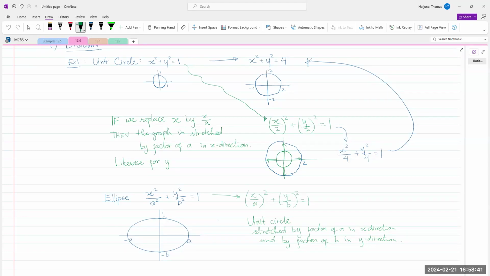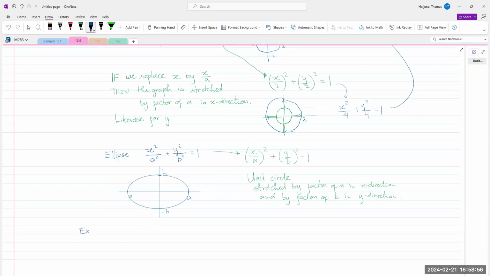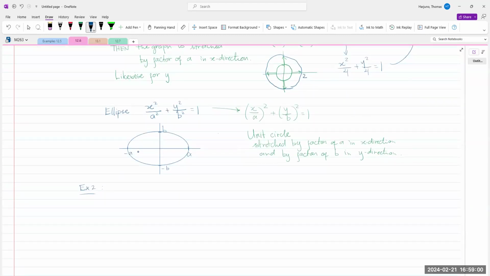Now please don't underestimate this idea, the one I marked in green, because it is very, very useful even in cases that we underestimated before. For example, we know a plane that has x-intercept, y-intercept, z-intercept 1, 1, 1 looks like this.